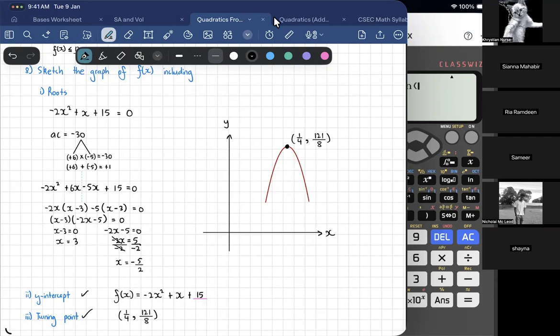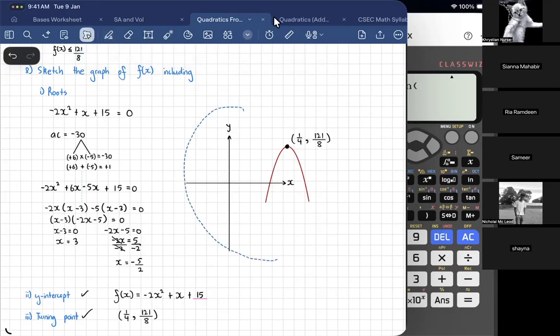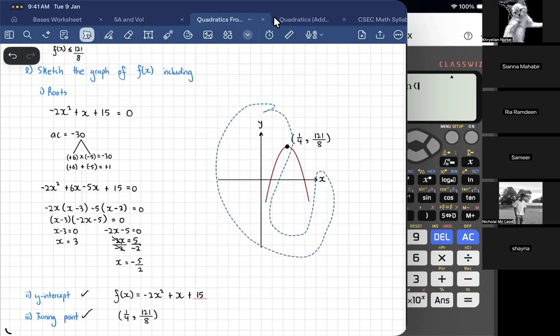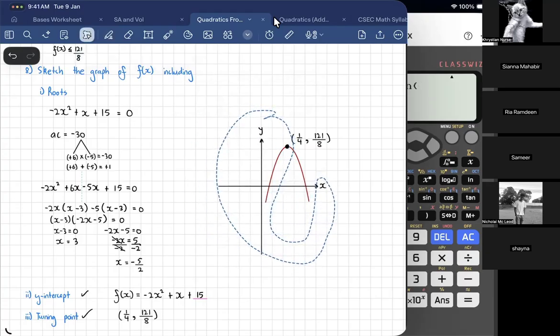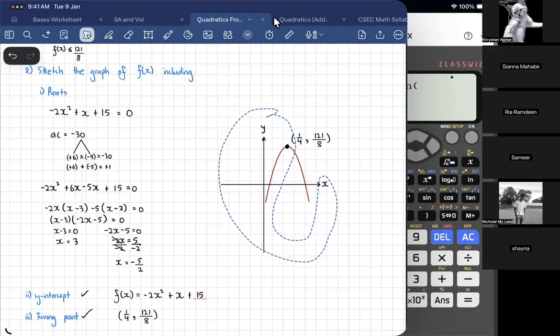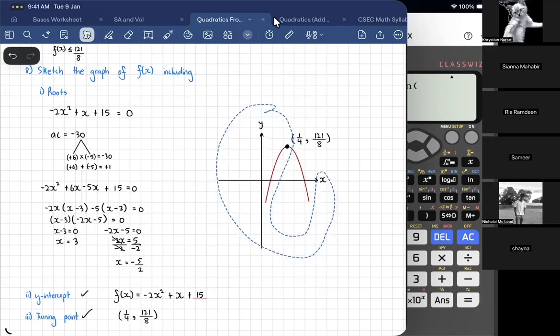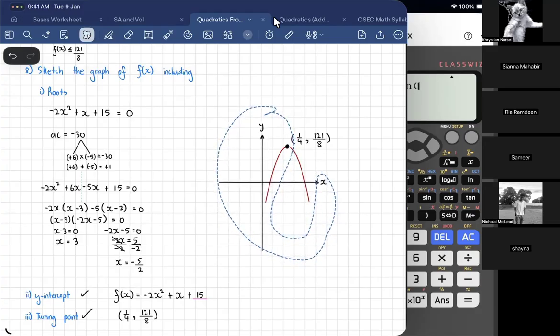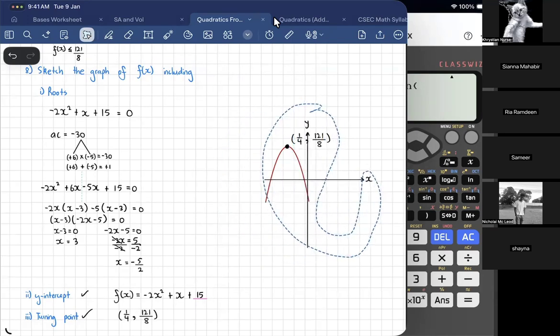So I want you all to tell me what the correct placement is. Ria, Samir, Sienna, Christian, Sheena, would that be the correct placement based on my values for the roots? Okay, would this be correct?